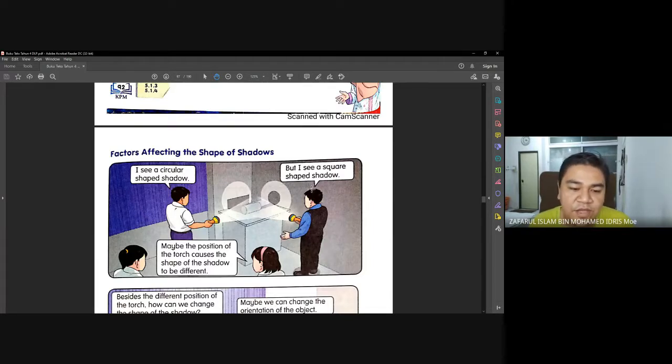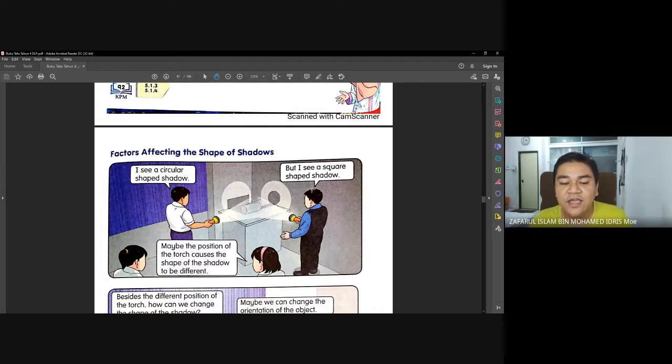Tengok. The first student nampak circular, nampak bayang-bayang tu bulat. Bentuk bulat. And then the second student, but I see a square shaped shadow. Sebab apa? Sebab maybe the position of the torch causes the shape of the shadow to be different.